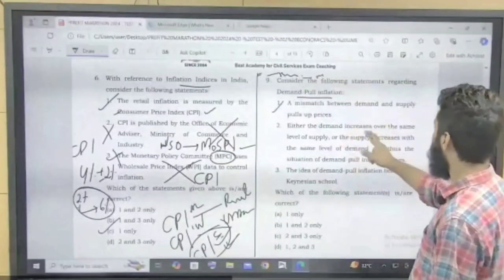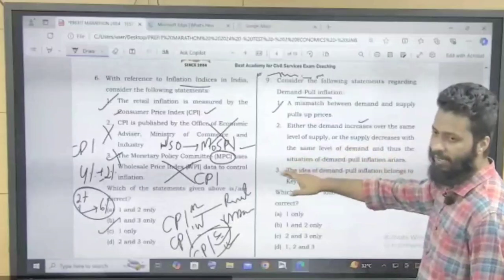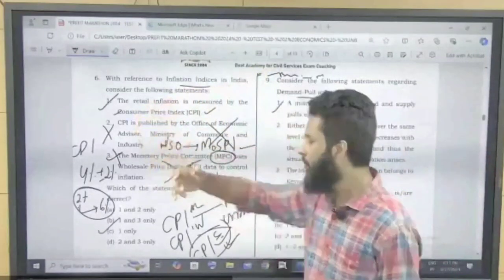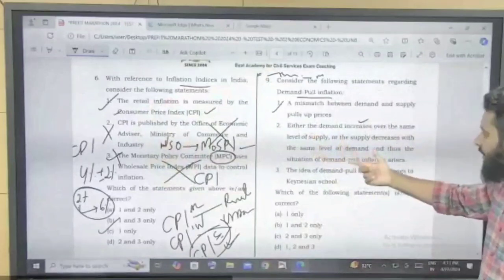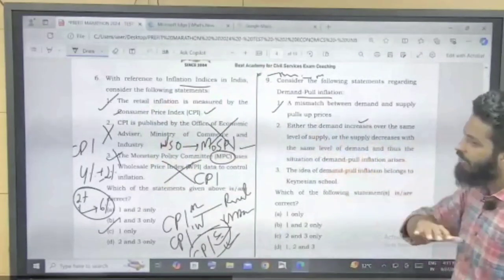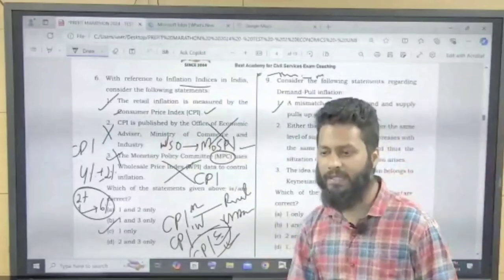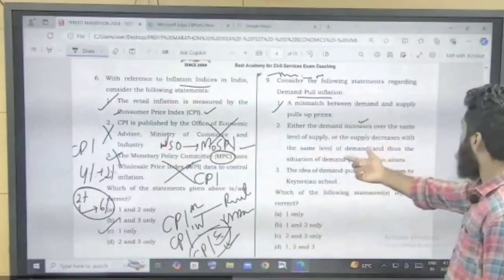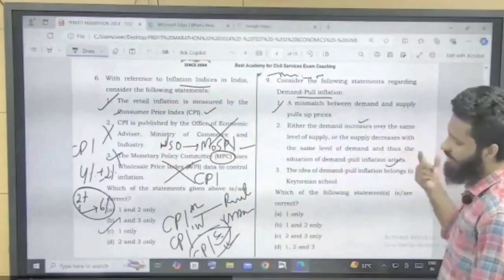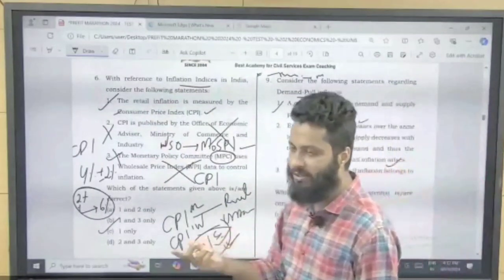Either the demand increases over the same level of supply, or the supply decreases with the same level of demand. Either way, the situation of demand pull inflation arises. It can happen both ways.